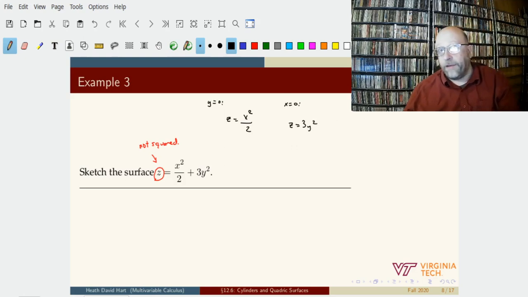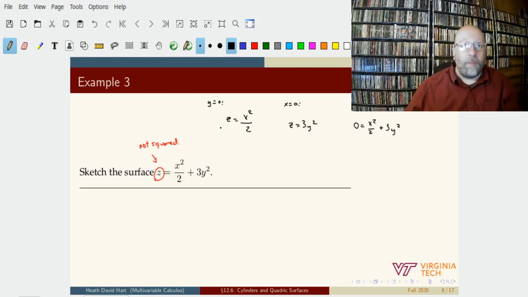And if we set z equal to 0, we get 0 equals x squared over 2 plus 3y squared. I want to talk about these 2 first. When one variable is squared and one variable is not, these are parabolas. Just like y equals x squared was a parabola in 2 dimensions, z equals x squared is a parabola in 3 dimensions, z equals y squared is a parabola in 3 dimensions.